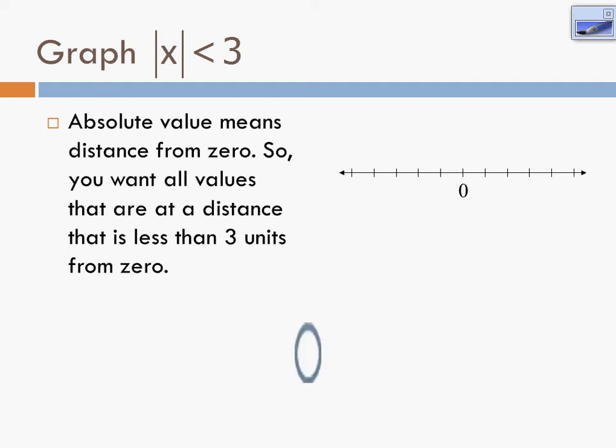Now this is a less than sign, not less than or equal to, so we have open circles, and now we want all values that are closer to 0 than 3, and so that's on the inside here between those 2 points. So that graph there represents all values that are a distance less than 3 from 0.